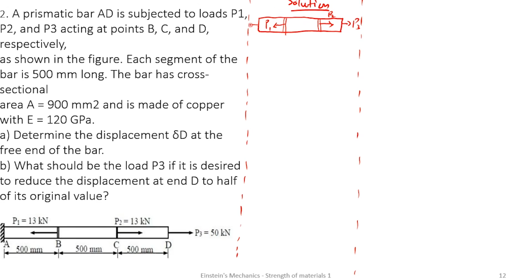And I'm going to get a reaction R. This is A, B, C, and D. Looking at the diagram, somebody can choose the reaction to be in the opposite direction to this. That's what I've been doing, but we will see that you are going to get a negative, meaning it is going to reverse. So assuming I'm choosing this reaction initially because I know it is going to oppose this force as my R, I'm going to get the summation here to be R.